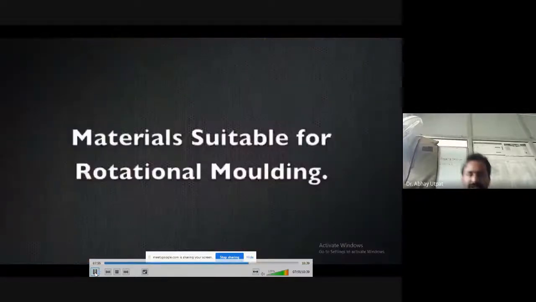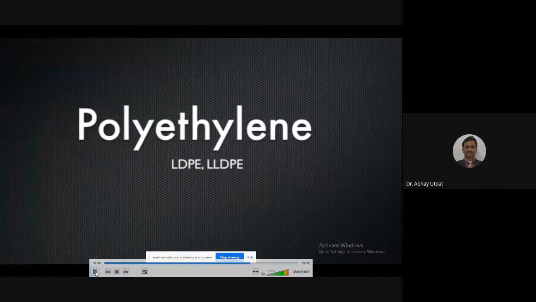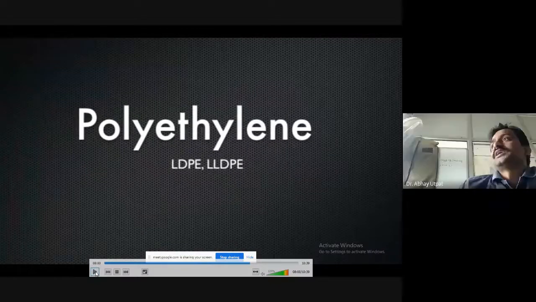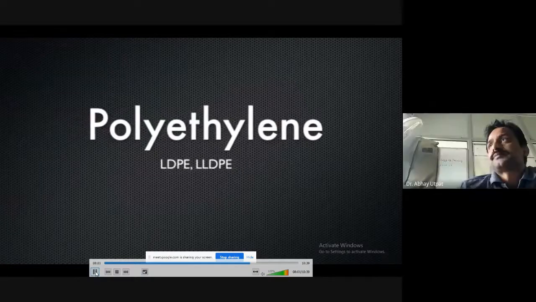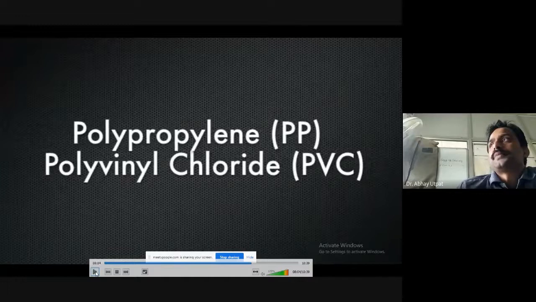Now this may be a 500 milliliter tank. You can produce polythene, LDPE and LLDPE; low density polyethylene is the best application for tanks or rotational molding. Then PVC, PP.